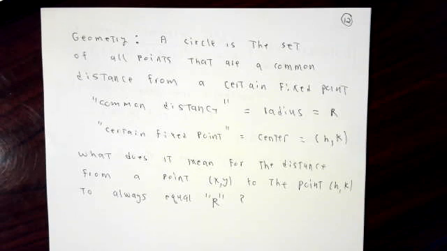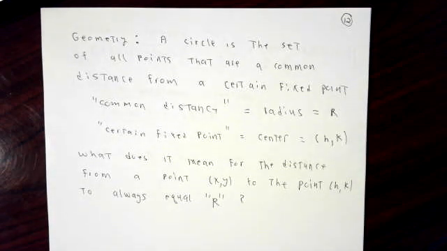We describe points in the plane with pairs of numbers, x and y numbers. So this center, I'm going to make up a name for its x coordinate. I'll call it h, and the name of its y coordinate will be k.